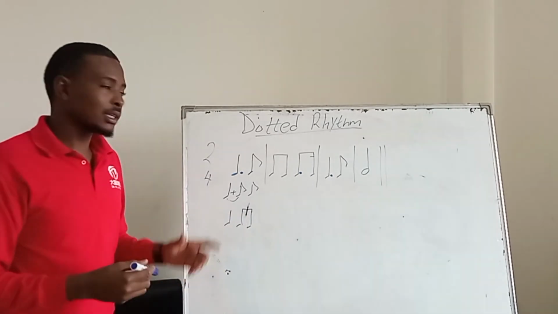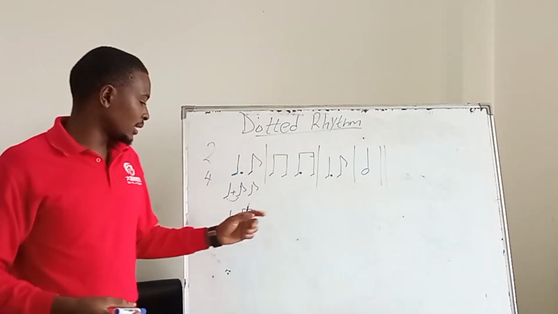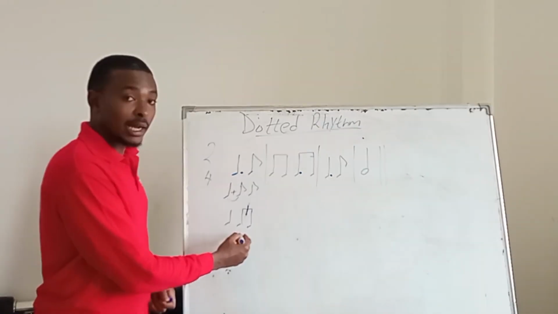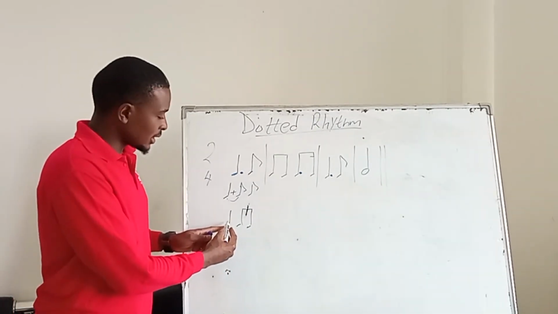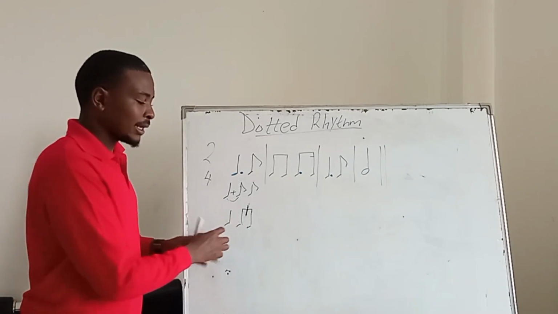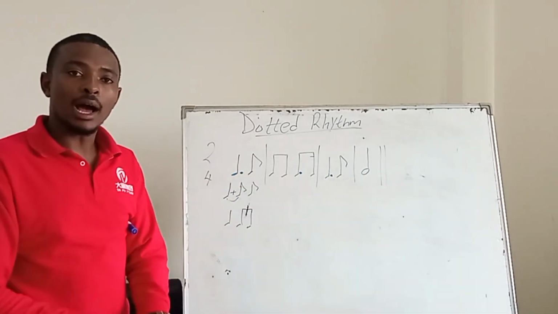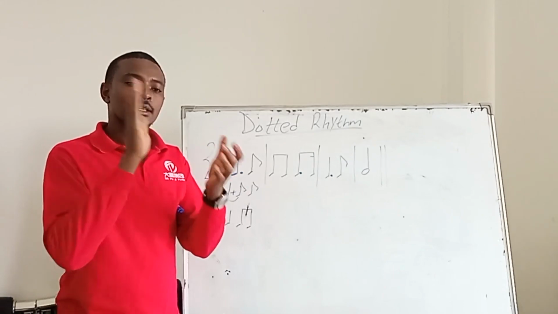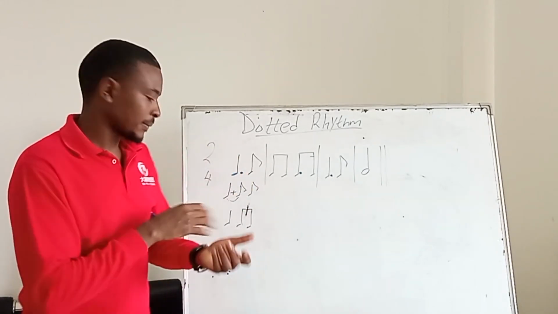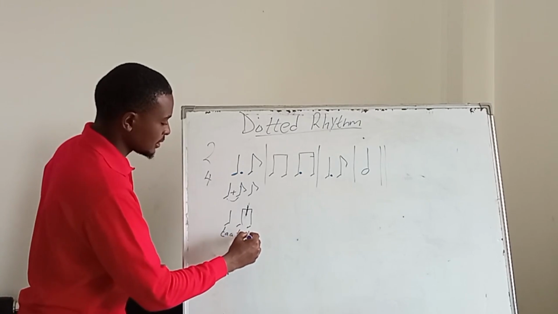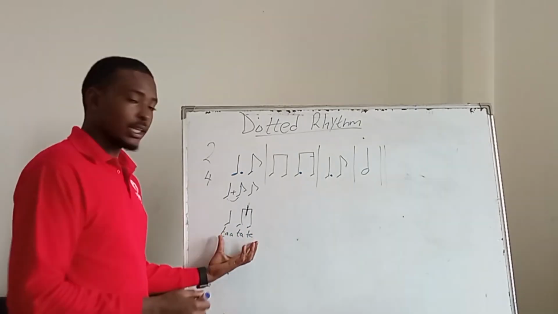But when you employ the dotted rhythms and shift this to this side, then you have a dotted crochet. Normally you would have clapped these ones as ta, ta, ta, ta. Here, ta, ta, for this.